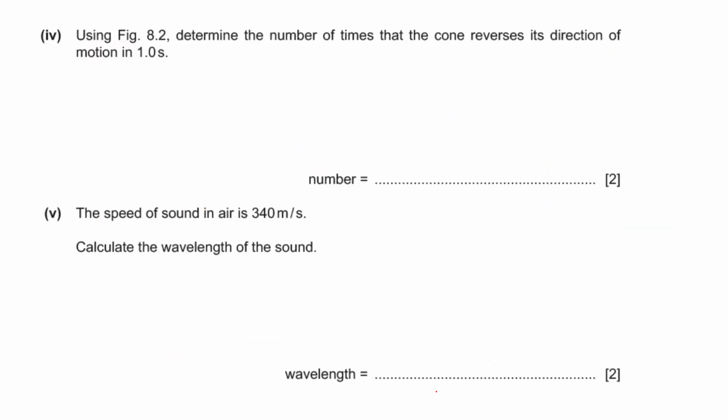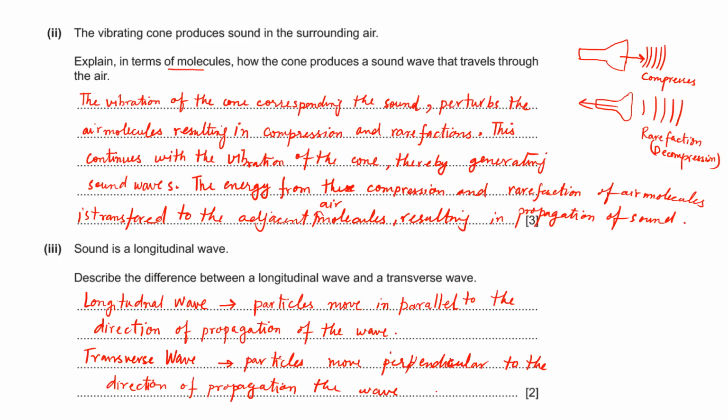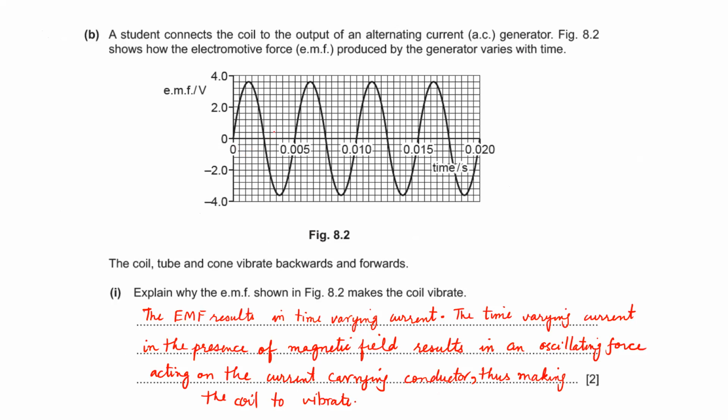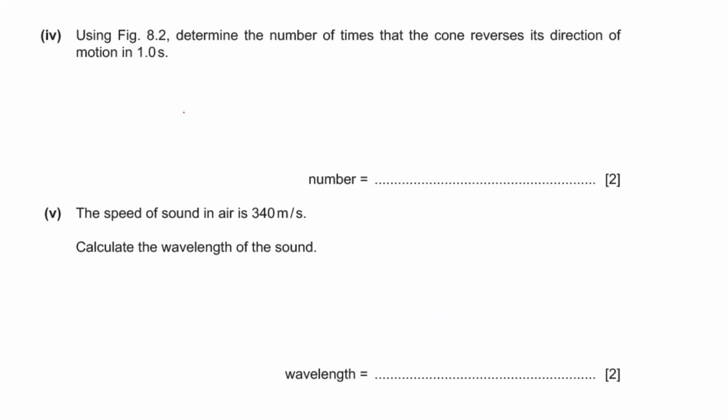Next part, question number 4, says that using figure 8.2, determine the number of times the cone reverses its direction of motion in 1 second. Here we see that one time period is equal to 0.005 seconds. So we can calculate frequency as 1 by T, so 1 divided by 0.005 equals 200 cycles per second or 200 hertz.